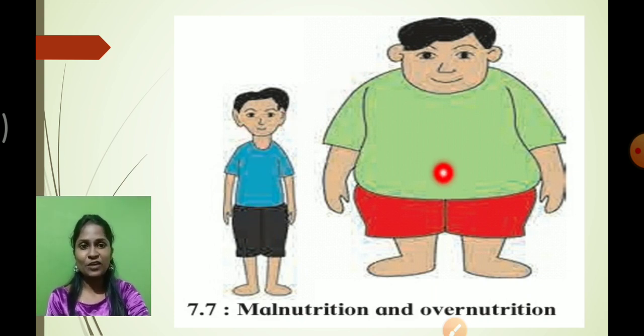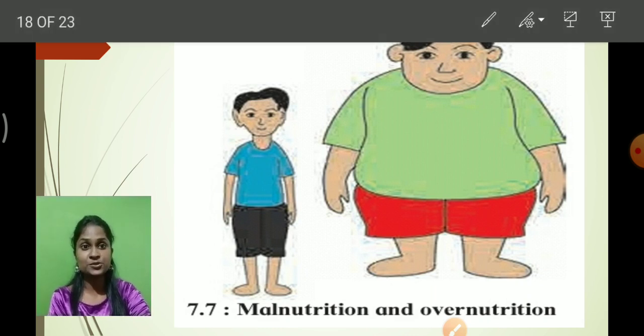And this fellow ate food in a larger quantity than the requirement of the body. So this condition is called what? Overnutrition. So this is the overnutrition condition and this is the malnutrition condition. So to avoid malnutrition and overnutrition, one should have a balanced diet in the proper proportion. Understood what is the meaning of balanced diet, students?